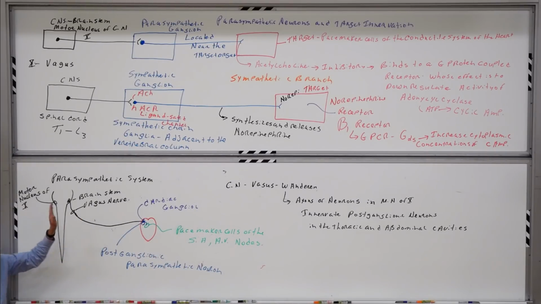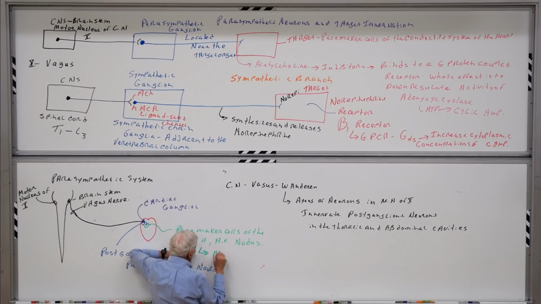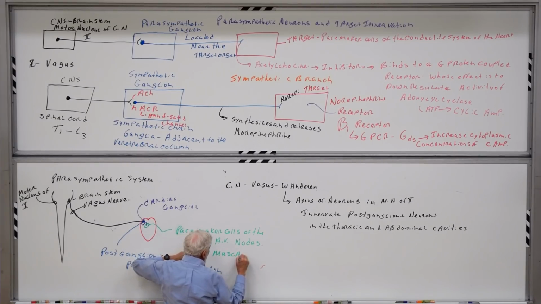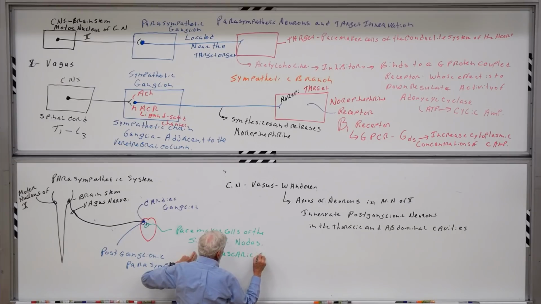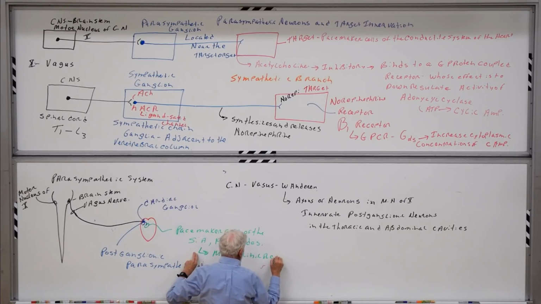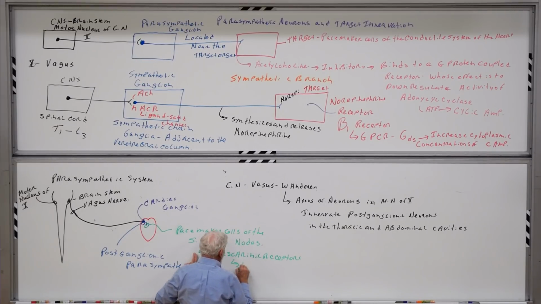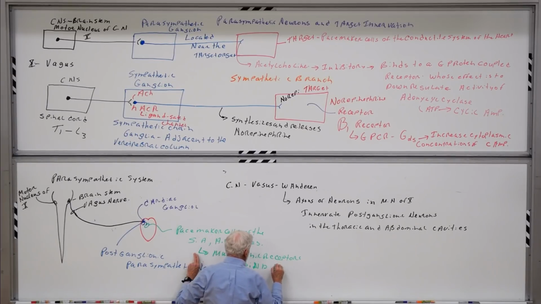So from the pattern above, you'll recognize that this is the target cell. And so these will contain the so-called muscarinic receptors. The muscarinic receptors bind acetylcholine.